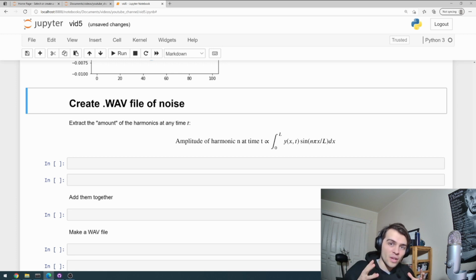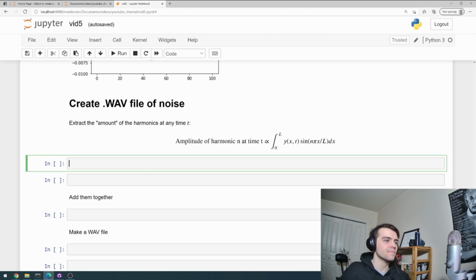So using Fourier analysis, we can extract how much of the first harmonic is there, how much of the second harmonic, how much of the third harmonic. And you can extract the amount of this by taking the integral of whatever it is at that time. So you take a snapshot in time, you have your string, and you integrate it with whatever sine harmonic you're interested in, and that tells you how much of that harmonic there is at that given time.